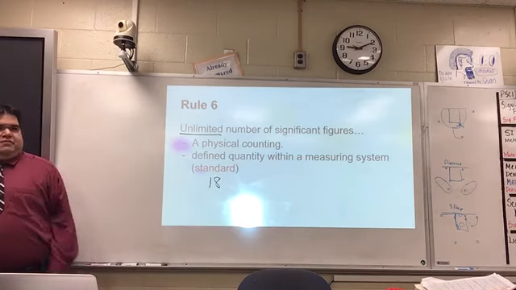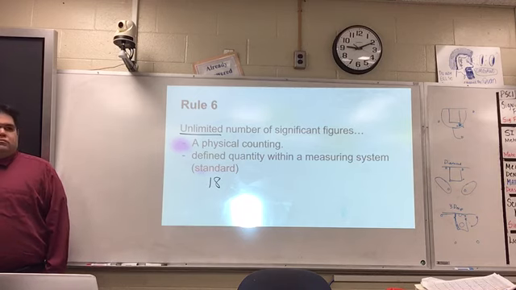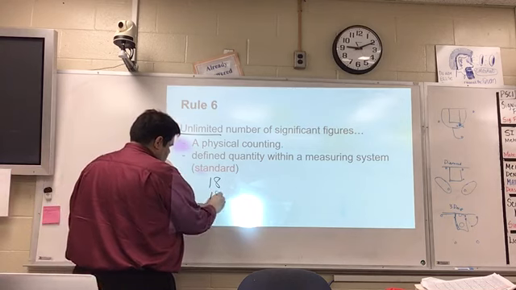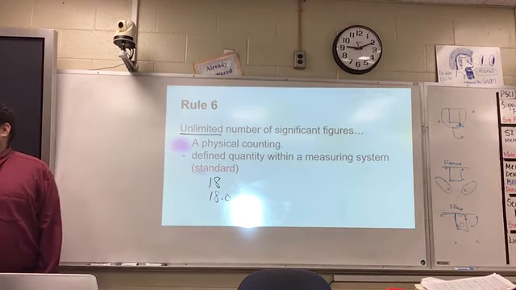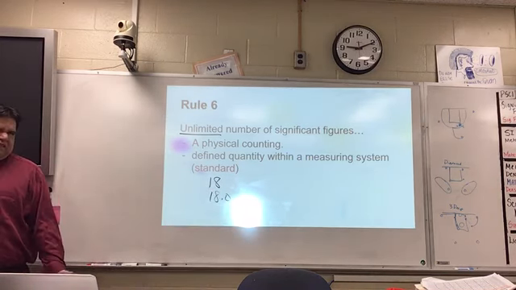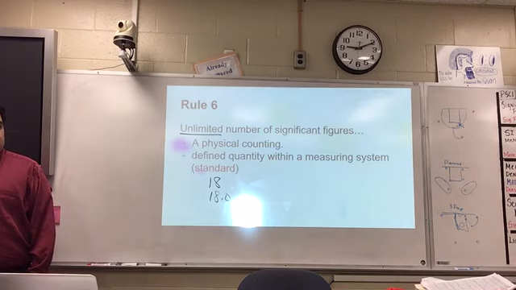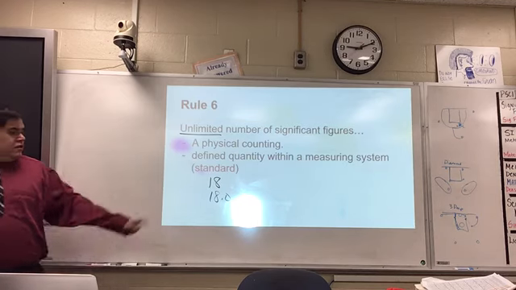How many significant digits in that? 2. However, could be 18.0, right? Because can we have half a person in the room? Can we have a quarter person in the room? No. How many did we count? 18. Right? So 18.0.